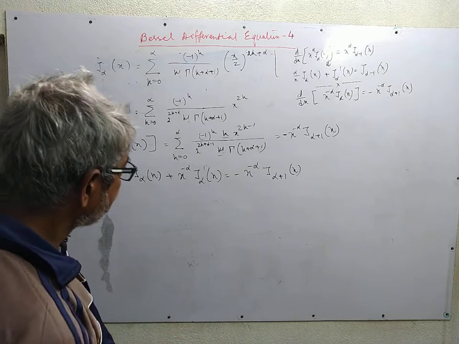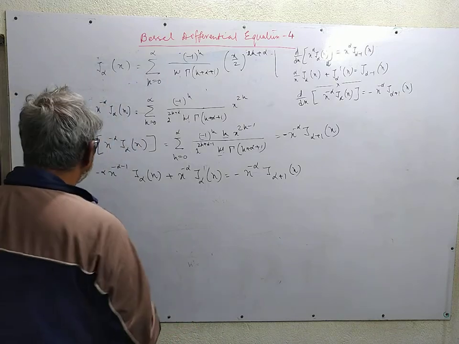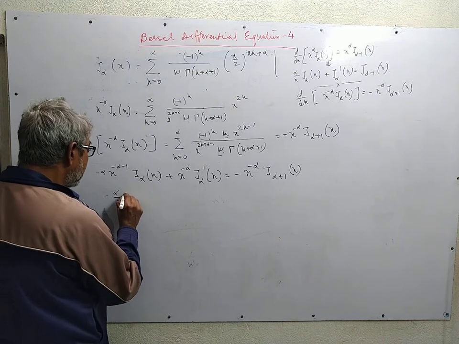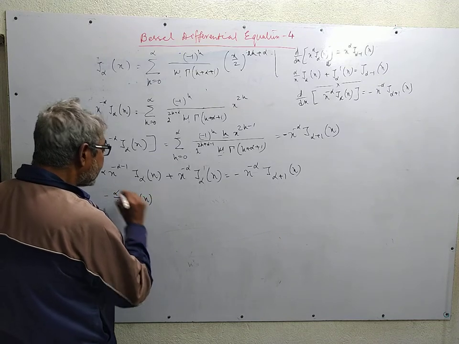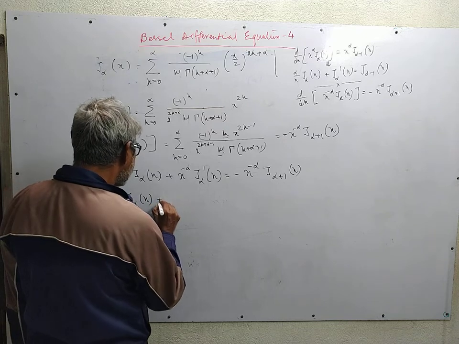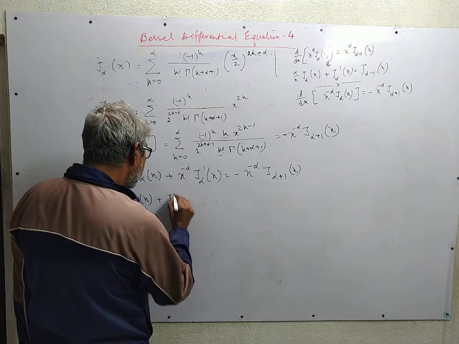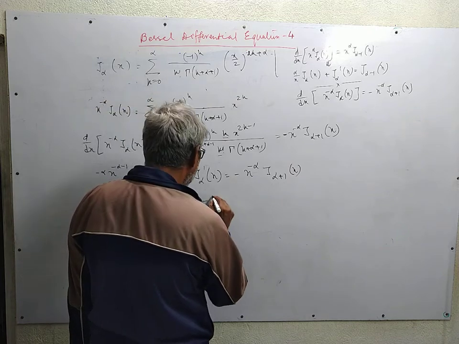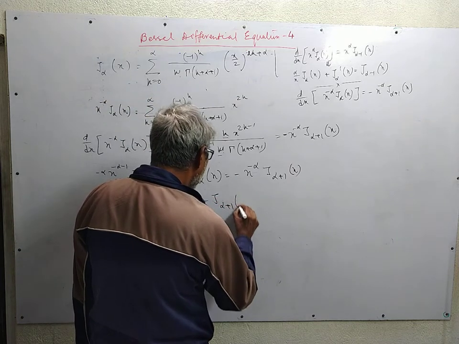Dividing all through by x to the power minus alpha, we get minus alpha by x J alpha of x plus J prime alpha of x is equal to minus J of alpha plus 1 of x.